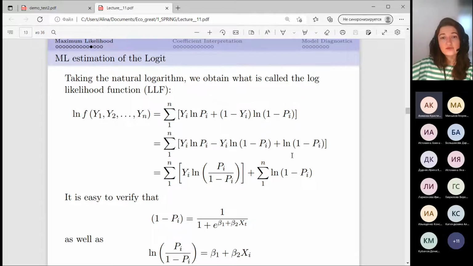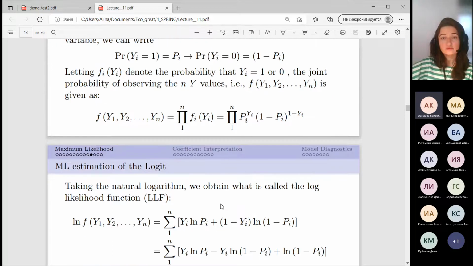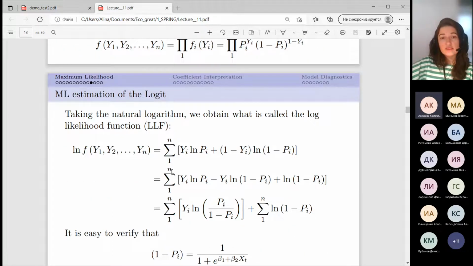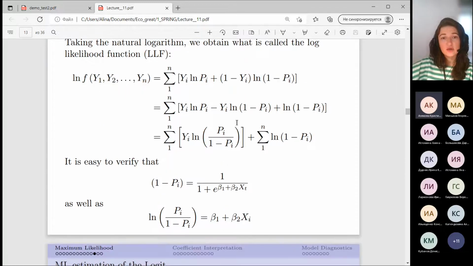It's very easy to verify that after you derive this expression, you finally obtain this equation. You can derive by yourself that instead of this expression, you can plug in here this one.